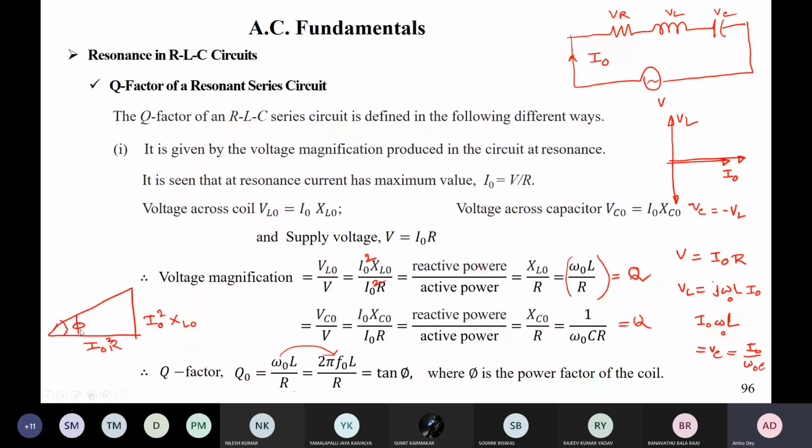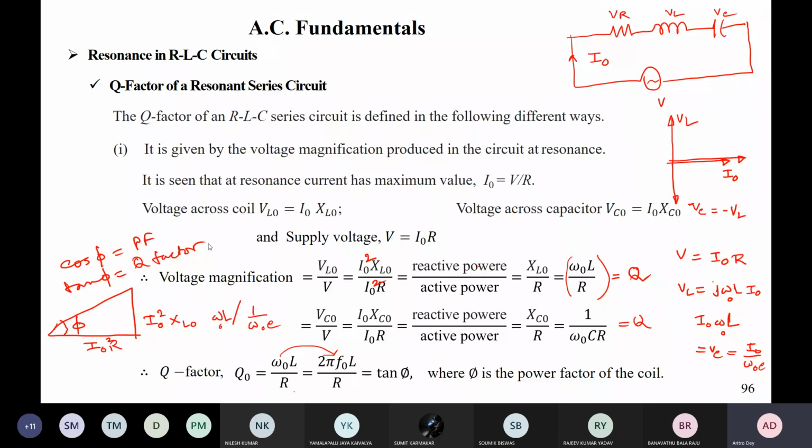So you can write it as either omega 0 L or 1 by omega 0 C. So this is basically tan phi. So cos phi is basically your R by Z, and tan phi from there you can write as omega 0 L by R, which is equal to the quality factor. Okay, so cos phi is your power factor and tan phi is your quality factor, Q factor.